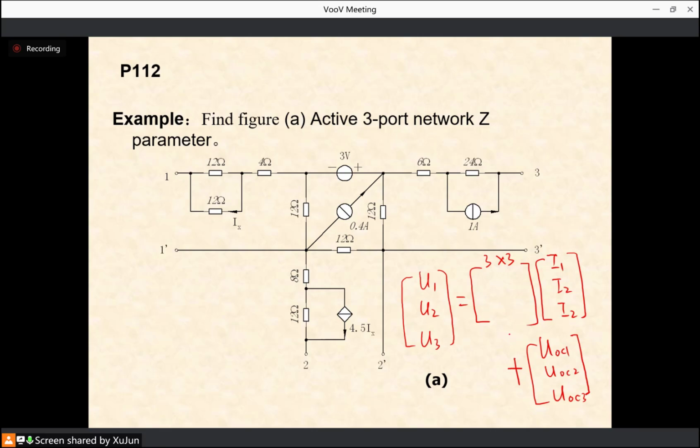So this is G parameter, and we will also need to calculate the UOC. So this function will be the total function for this 3-port network.